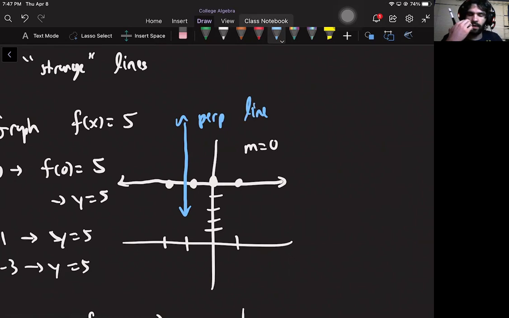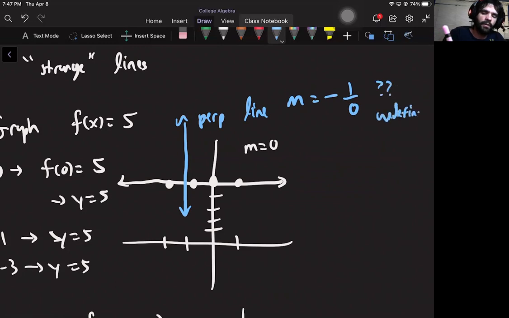But then you could say, okay, well, the slope of that line should be, because it's perpendicular, I'm supposed to make it negative. And then I'm supposed to flip 0 over. How do you flip 0 over? Like that? It's really undefined. This is not a number at all. And so instead of that, you just really say that it has no slope, because it just goes straight up and down.